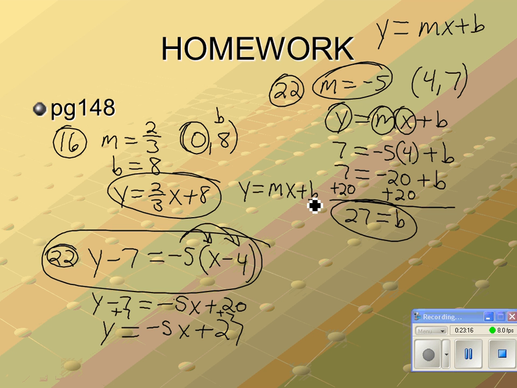Just m and b this time. If you're looking for b, you have to plug into all 3 of those spots. When you're trying to write the equation, you just plug into those 2 spots once you know what b is. So our equation would be y equals -5x plus 27. That's the same thing we got doing it another way.